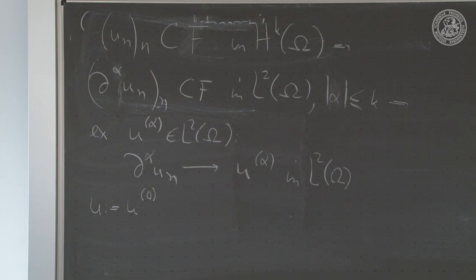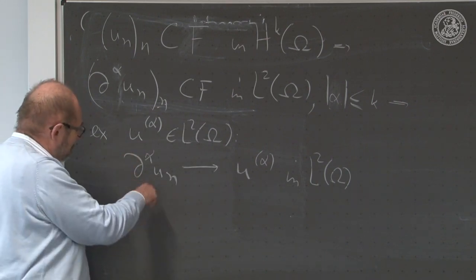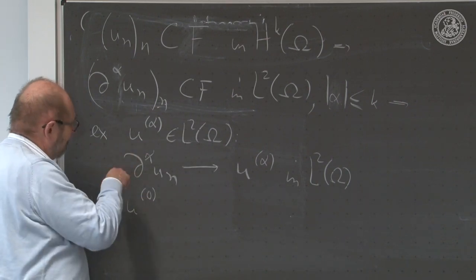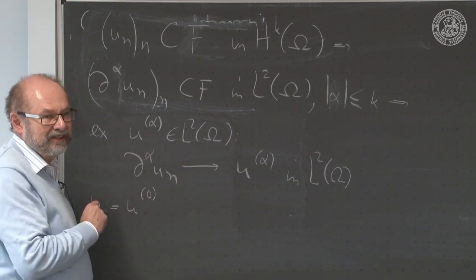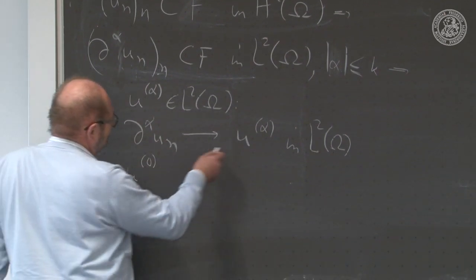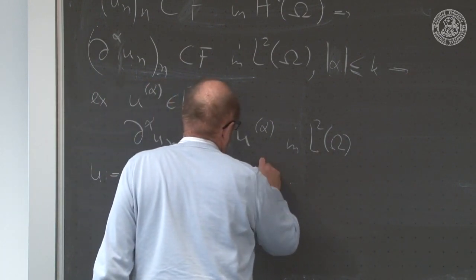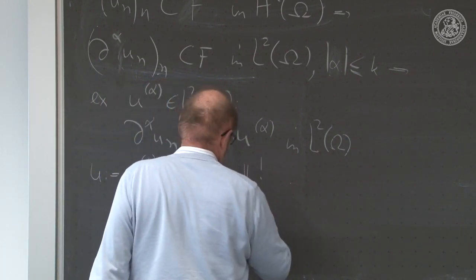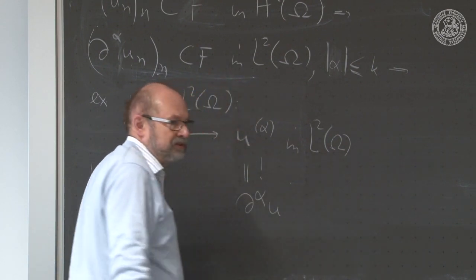So we not only need that the function sequence converges, but we also need that all the derivatives converge. Converge to what? Yeah, so what does that mean? We need to know that this here is the corresponding derivative of u.